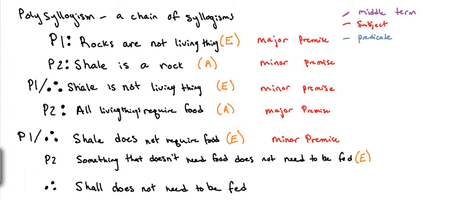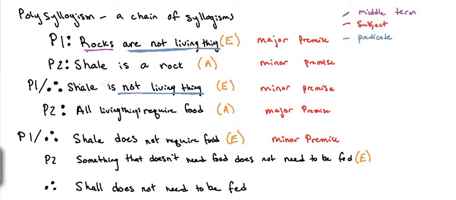So our subject here is going to be our middle term because this is a major premise. Are not living things would be our predicate. It's a part of our major premise, so it's going to show up in our conclusion. So I'm going to skip down to our conclusion, just double check, yes, it's not a living thing.